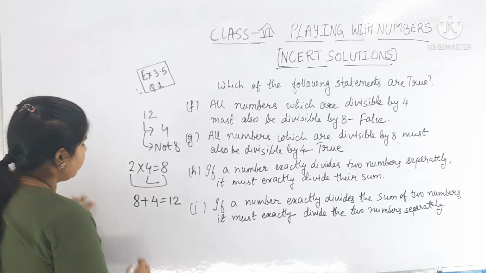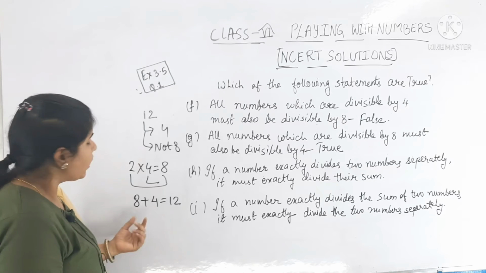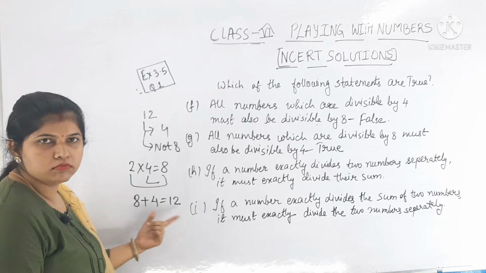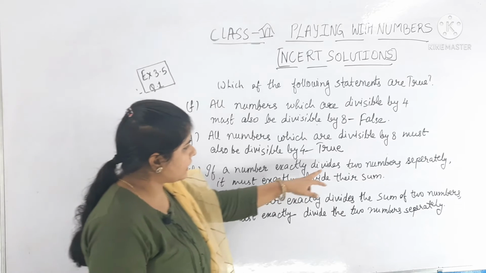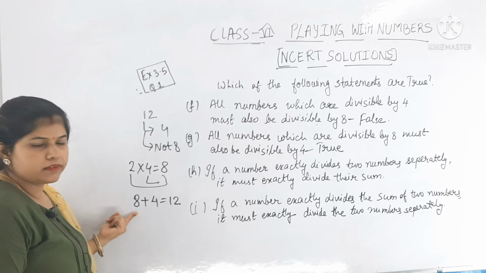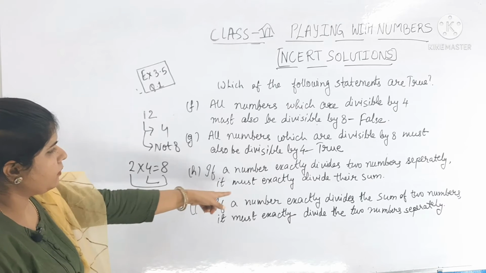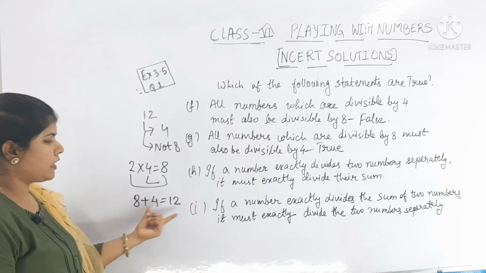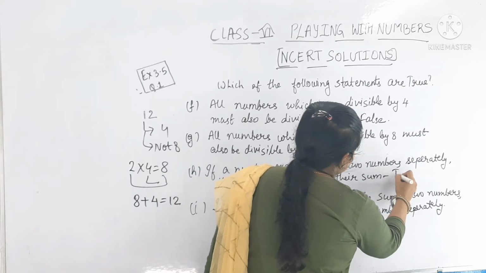You can see that 2 can divide 8, 4, and also 12. That is the question: if a number exactly divides two numbers, that is, 2 divides 8 and 4, then it must exactly divide their sum. It can exactly divide their sum. So this is true.